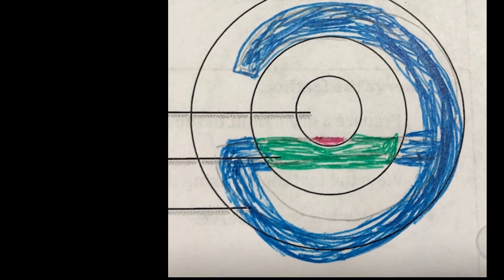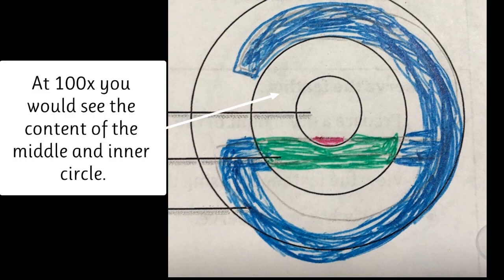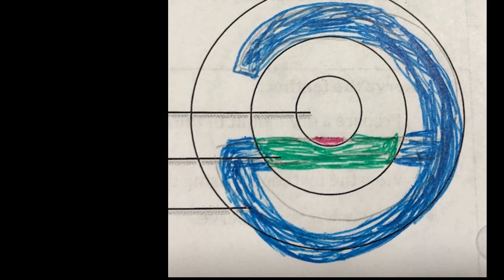When you turn the objective lens to the next highest one, it's 10 times magnification, and you multiply that by the 10 times of the eyepiece, you would then move into that next circle. So the one that's not the smallest one, but the medium one, and you would see the part in green and pink.